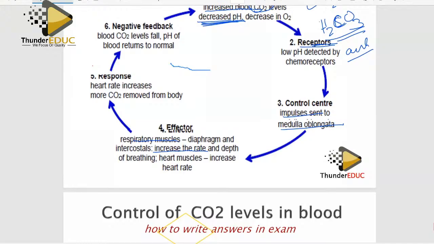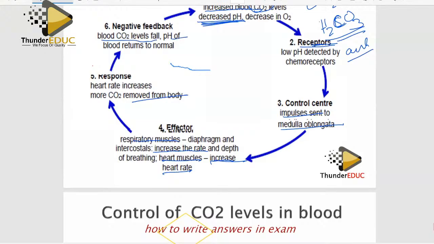And once that is done, the heart muscles will also contract and relax more, meaning that you increase the heart rate. The heartbeat will increase so that carbon dioxide is pumped out of the body. Now the heart rate increases and more carbon dioxide is removed from the body. And once more carbon dioxide is removed, the carbon dioxide level will fall.